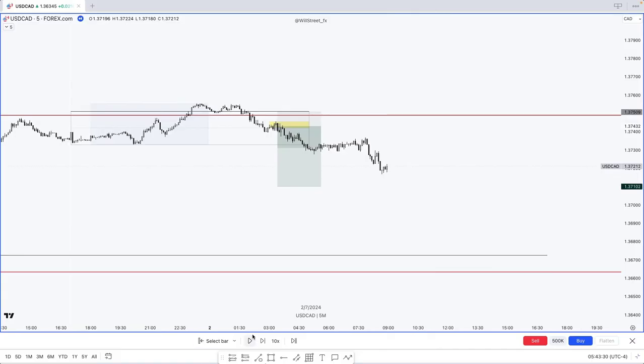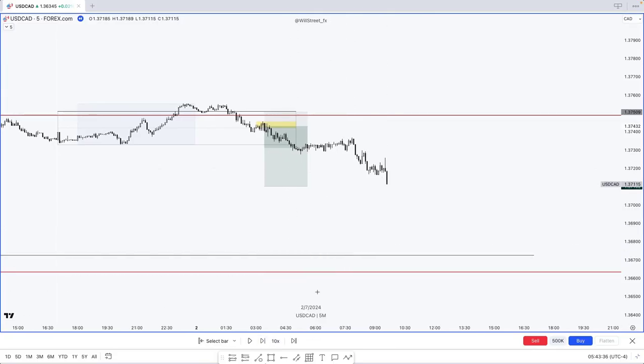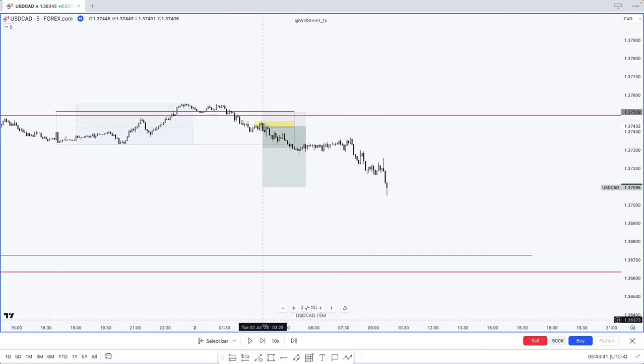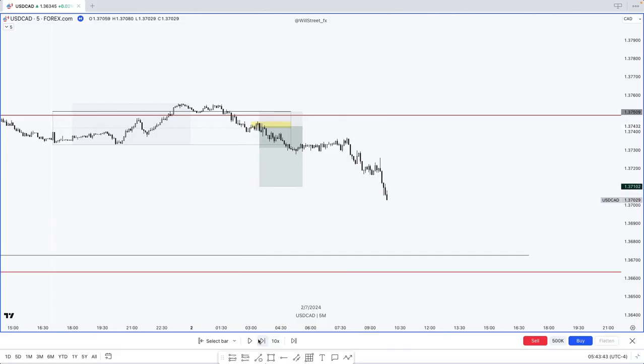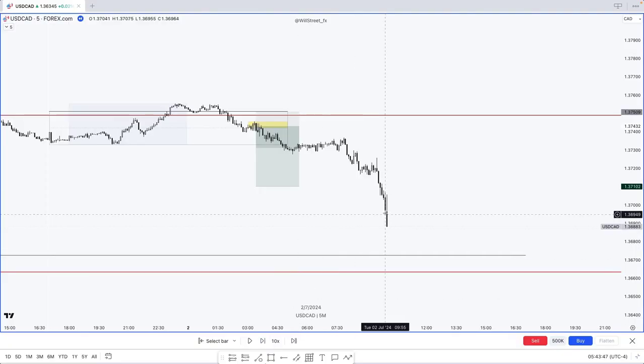It was at 10 a.m. I'm leaving here when it creates a lower low.